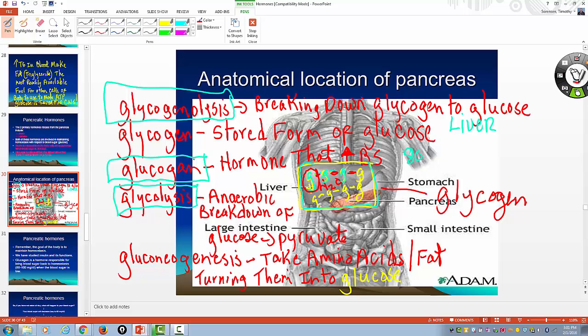And that stuff is usually amino acids or fat. And it's the glycerol portion of the triglyceride that's actually turned into glucose, and that's in the liver. So those are the terms you should be familiar with.